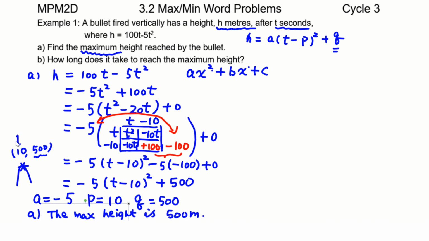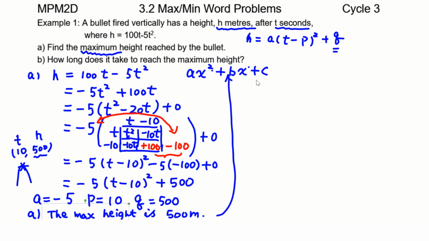The x is your t in seconds, and the y coordinate is height in meters. So this is for question A. From this you will see that once we convert standard form to vertex form, we can find the maximum or minimum height easily.